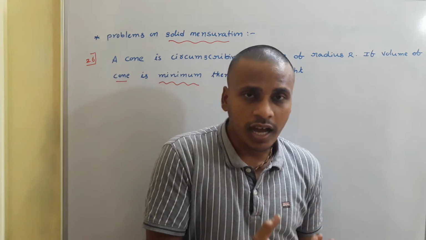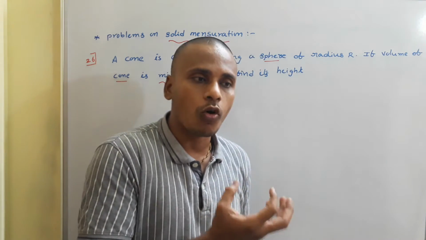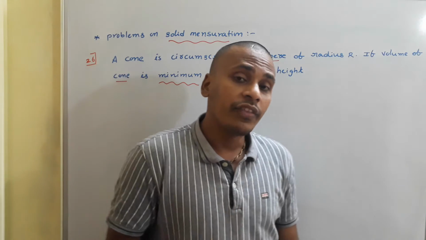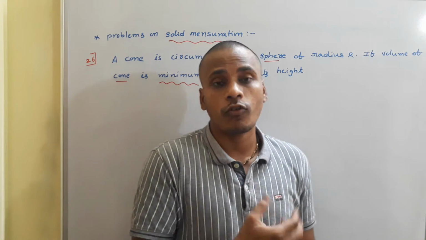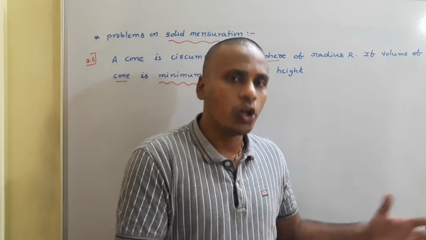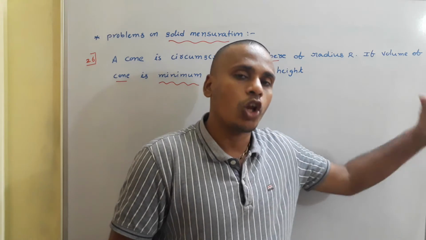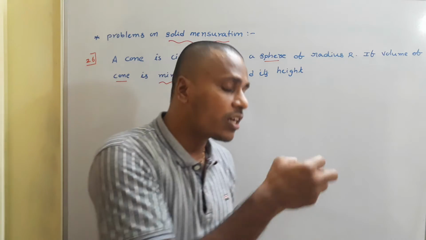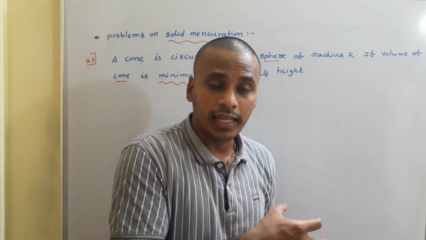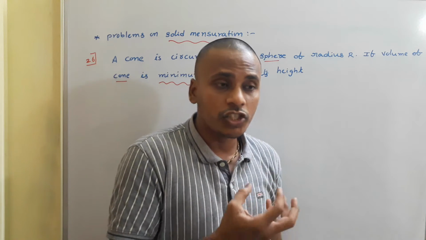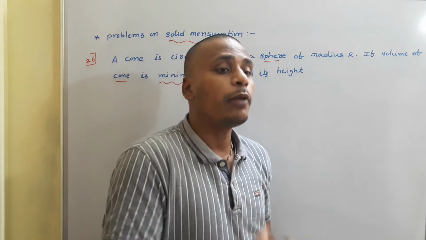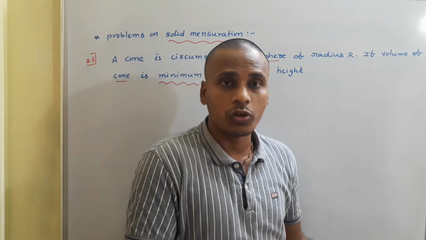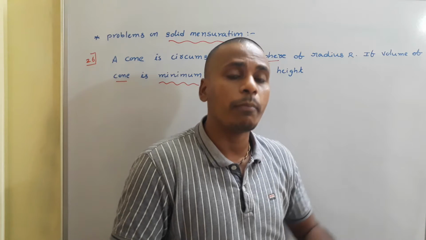There is no chance to change the dimension of this sphere, but there is a chance to change the dimension of the cone. Consider many cones from smaller size to larger size. Try to inscribe this sphere in each and every cone. If you try that, there is a chance to inscribe this sphere in many cones, not only in one or two, right?